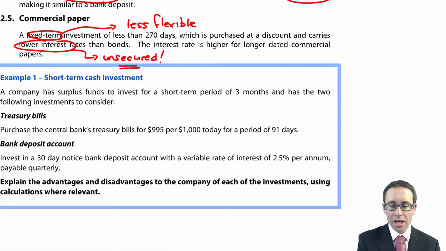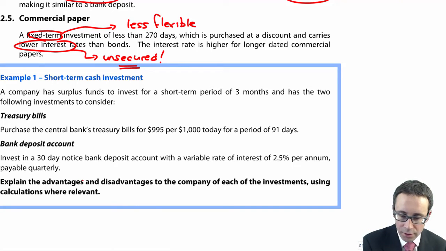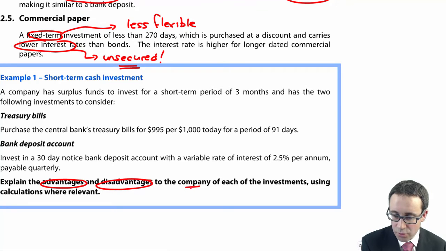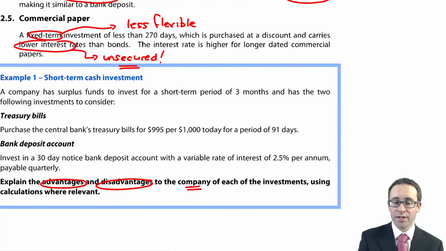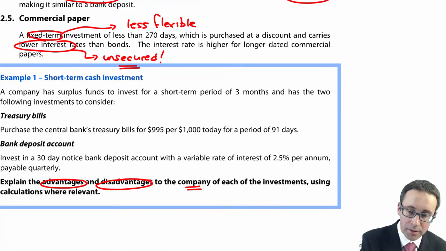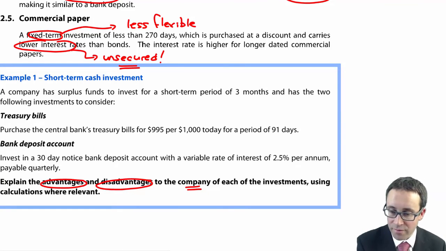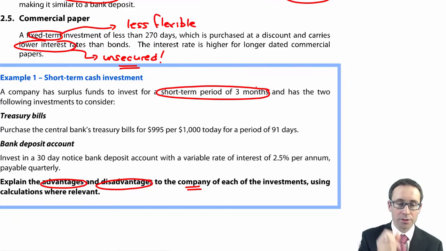Okay, so here all this one wants us to do is to look at the advantages and the disadvantages to the company of each of the investments using calculations where relevant. I'm not worried about the calculations. The calculation just working out, if you like, a rate of interest. Okay, so what have we got? The specifics are at the top. You have surplus funds to invest for a short-term period of 3 months.